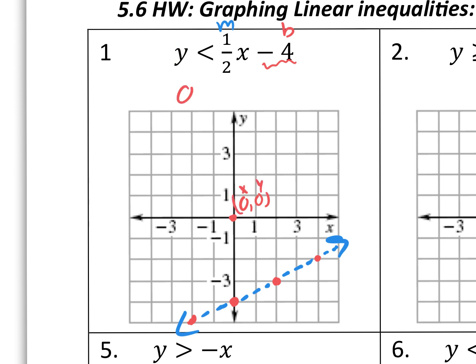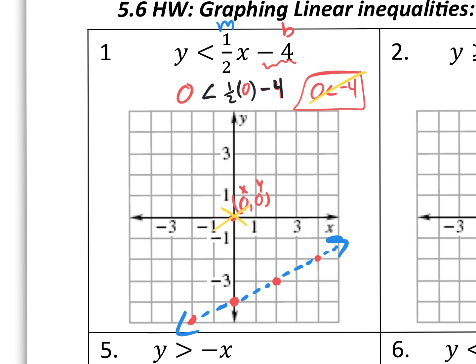It'll say 0 is less than 1/2 times 0 minus 4. It'll say 0 is less than -4. And we know that 0 is less than -4 is a false statement. That's not true. So that means this point right here, 0, 0, is not a solution.